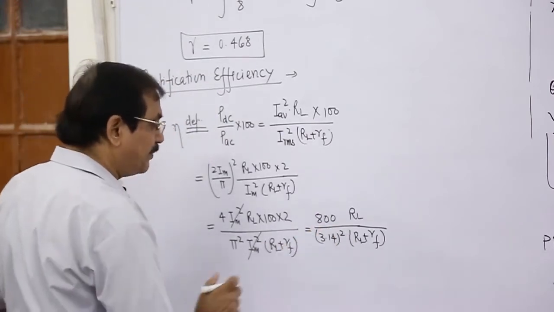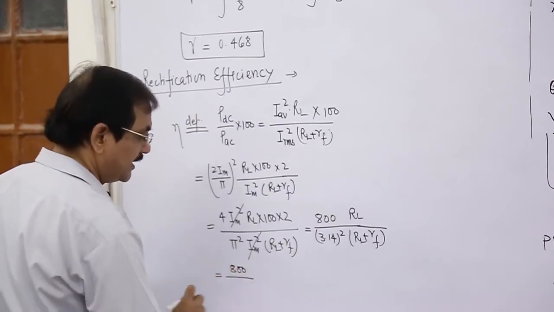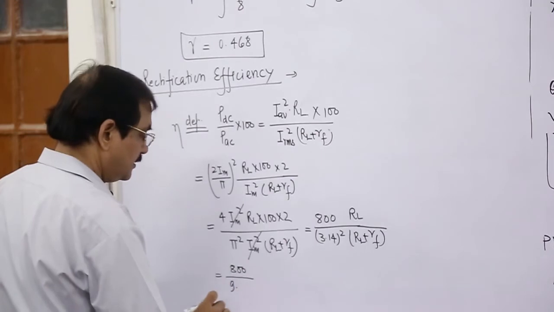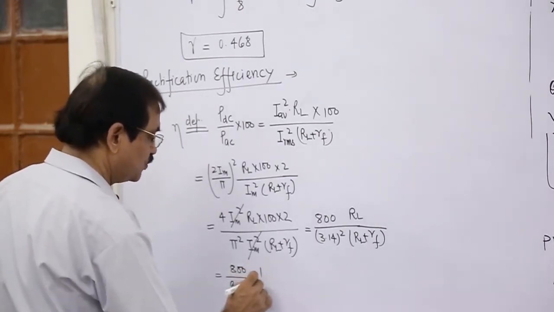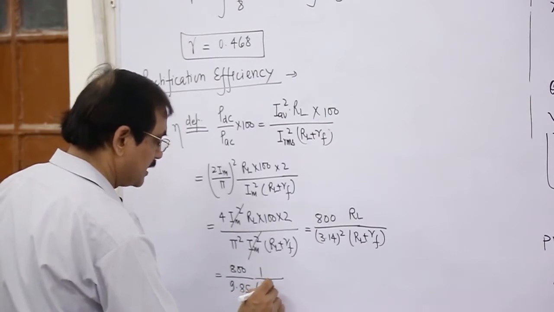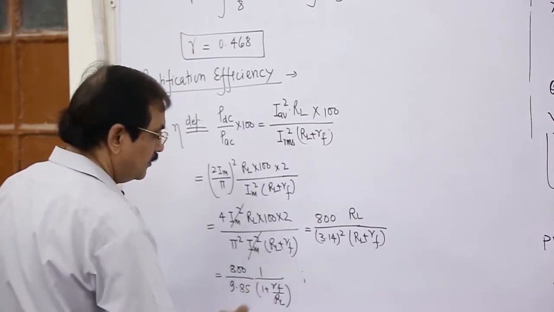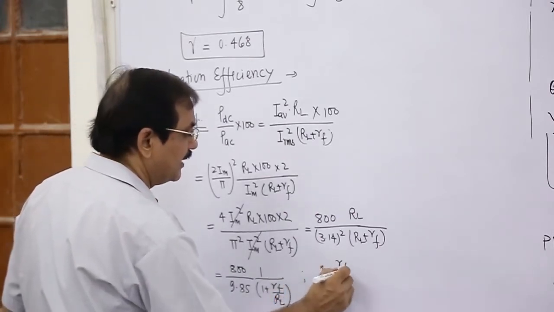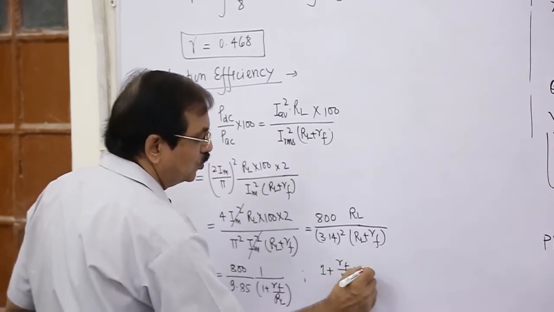So, 800 divided by this value is 9.85, and this is 1 plus RF upon RL. We know 1 plus RF by RL is equal to 1.